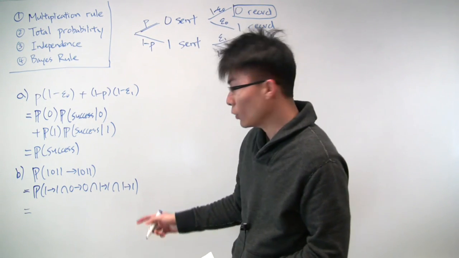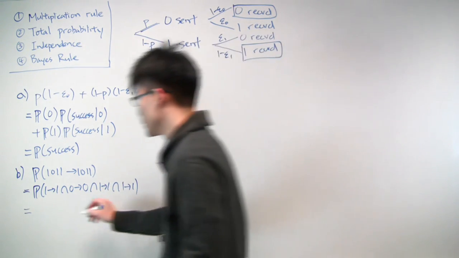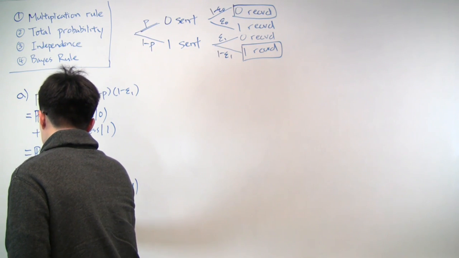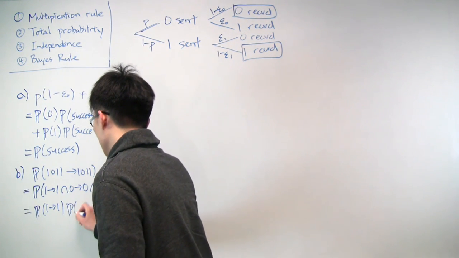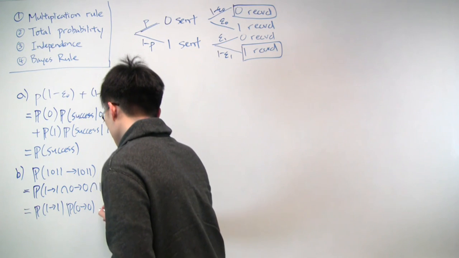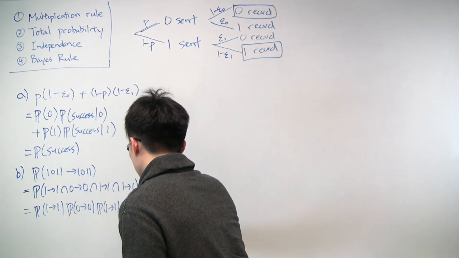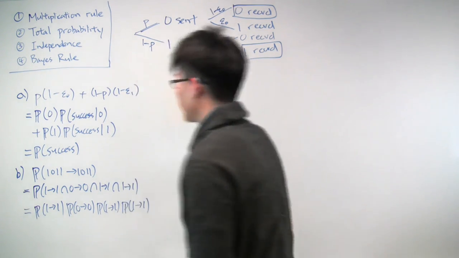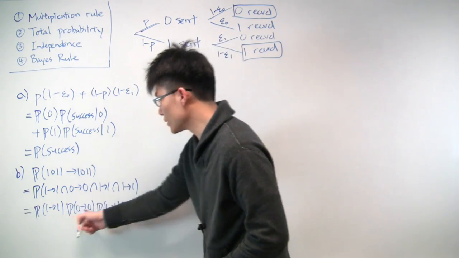And so because of that, we can now break this down into a product of 4 probabilities. So this becomes the probability of 1 transmitted into a 1 times the probability of 0 transmitted into a 0, 1 to a 1, and 1 to 1.